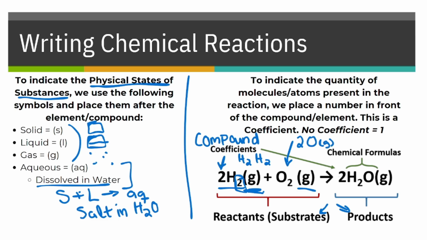Then I go to form a product that is that of water vapor. In this case, I have two molecules of it, consisting of a total value of two hydrogen to one oxygen in a compound. As we go through the rest of this lesson, we're going to learn why we put these coefficients in front of our compounds and really what their significance is.